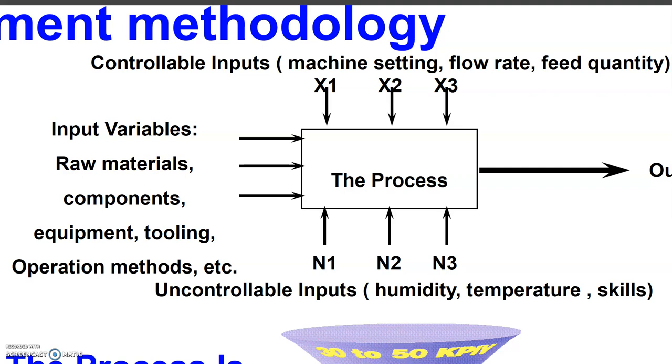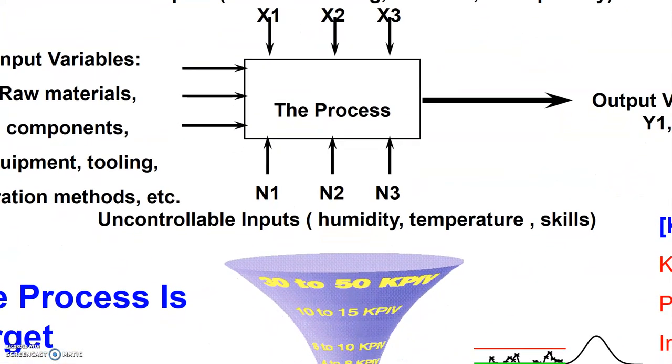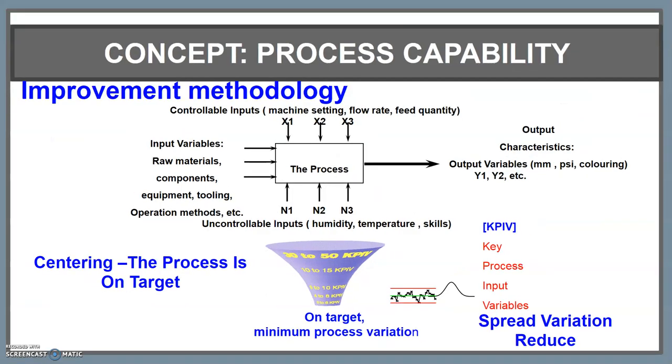All these sources will influence the variation in the products of the process. Therefore, the purpose of process capability is to narrow down all the variation in the process so that you can meet the requirements of your customer. Narrow down the variations, stabilize your process, produce a robust product.